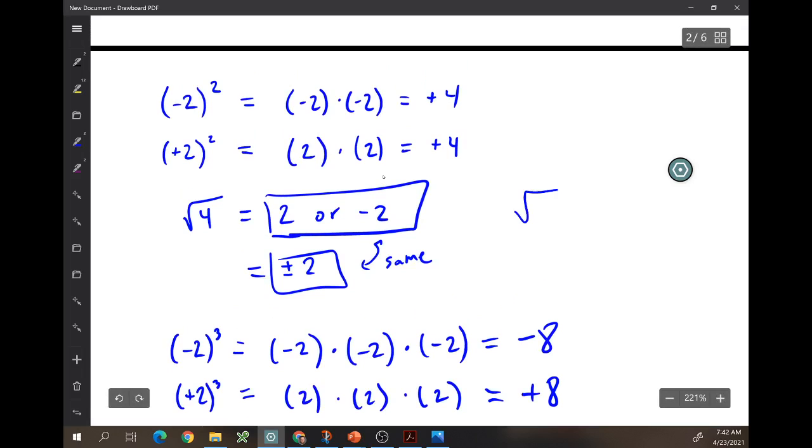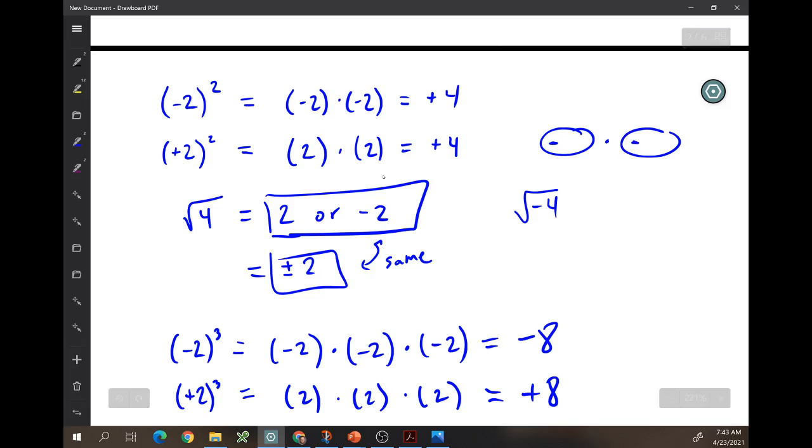what would be the square root of negative 4? Is there a number out there where if I multiply it by itself, it gives me negative 4? And the answer is actually no. There's no such number. Because if I'm multiplying a negative by itself, I have to have another negative.